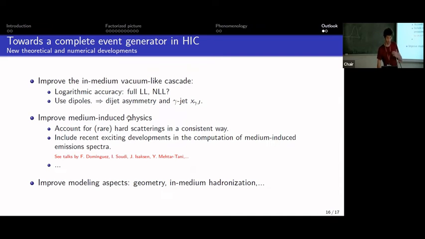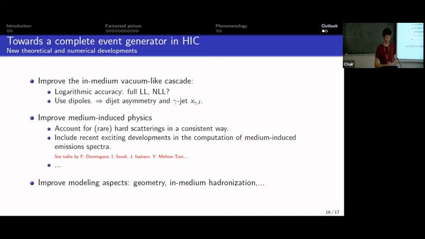And on the medium-induced side, we have seen a lot of exciting developments, both in terms of the description of the single emission spectrum and in terms of how to iterate the spectrum, both in terms of x and kT dependence, and also the need to account for rarer, harder scatterings, because so far what I showed today is mainly based on the multiple scattering approximation.